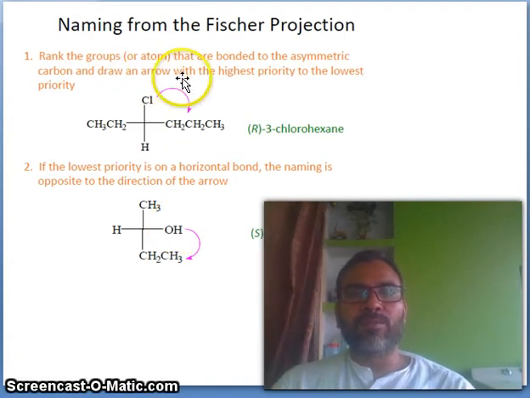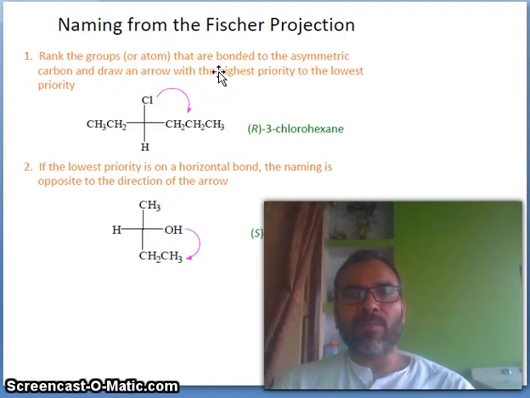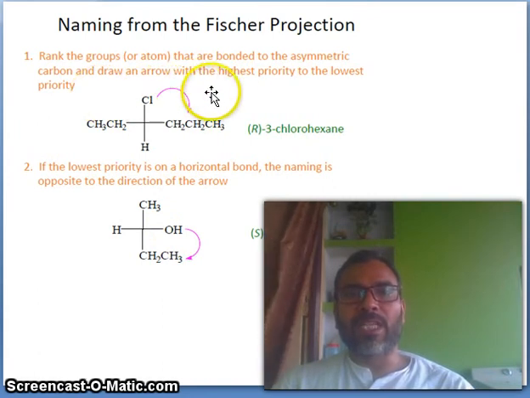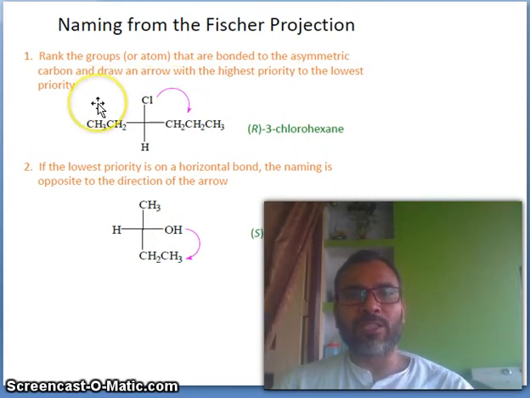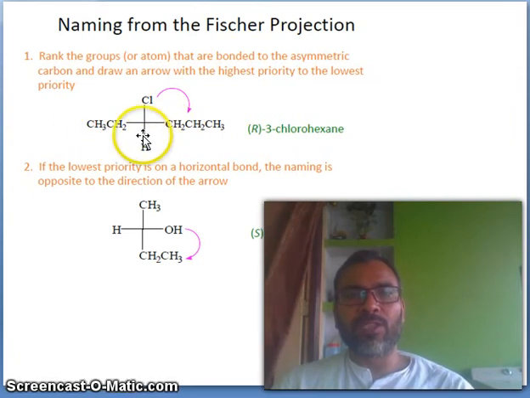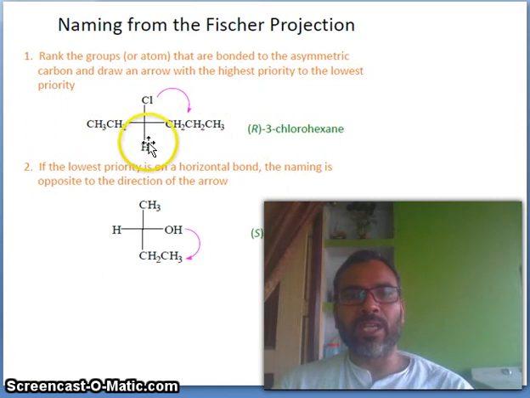Rank the groups that are bonded to the asymmetric carbon and draw an arrow from the highest priority to the lowest priority for Fischer projections. So you see CH3, CH2, CH2, CH3, CH2, Cl. This is the highest priority, this is the lowest priority.